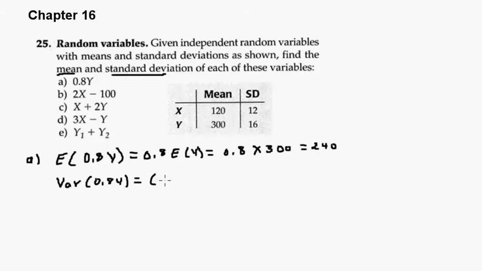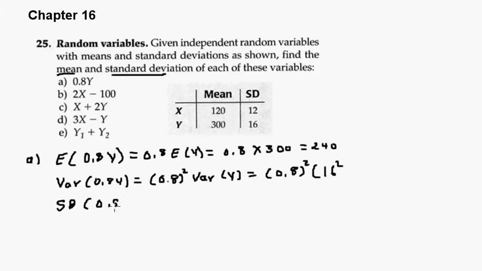So that's going to be 0.8 squared times the variance of y. So that's 0.8 squared times 16 squared. Okay, so the standard deviation of 0.8 times y is the square root.